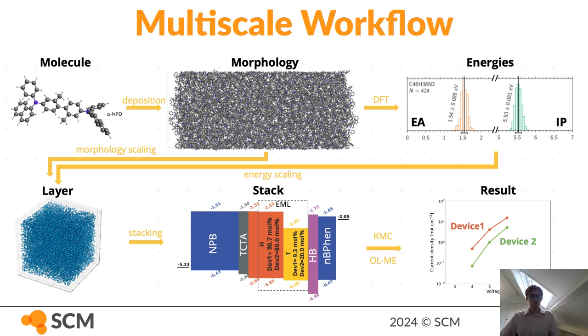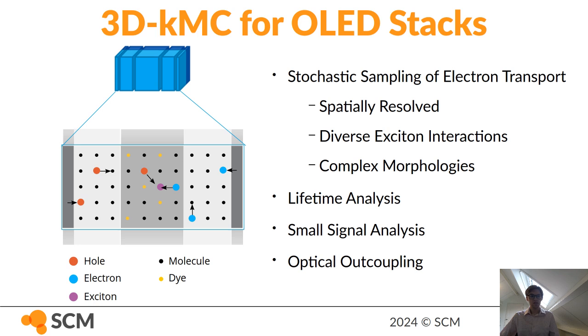So the method that we have chosen for this is a three-dimensional kinetic Monte Carlo. What this means is that we are going to be tracking individual electrons as they move through the device.